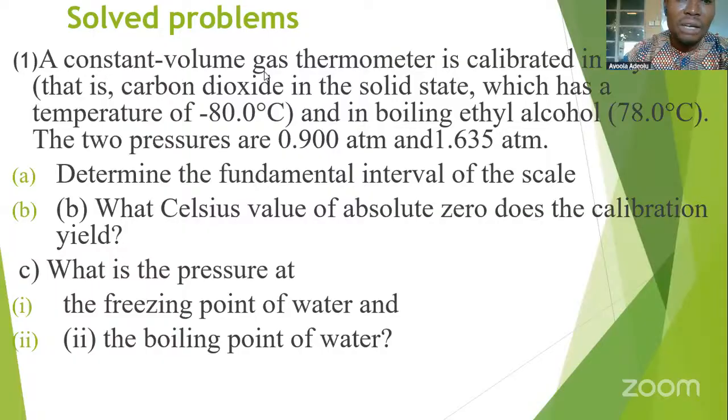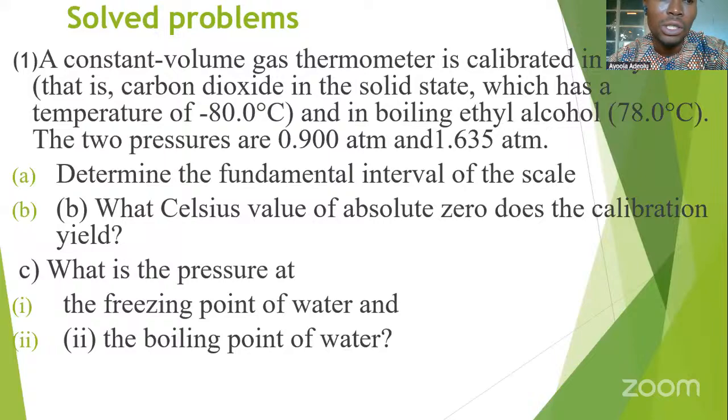A constant volume gas thermometer is calibrated in dry ice. You know, I told you if you want to calibrate a thermometer, you need to put it inside a natural system. I told you the meaning of natural: it can be ice, it can be anything that defines a fixed point.